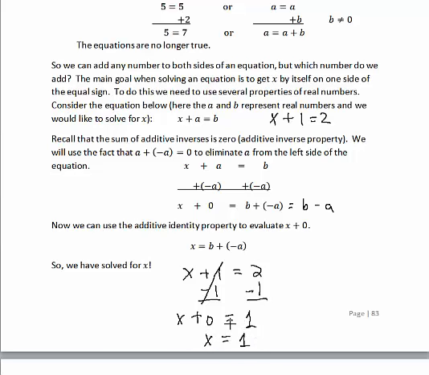And so here's our solution: x equals 1, and we have gotten the x by itself. We solved the equation. If you take x equals 1 and plug it back into the original equation, x plus 1 equals 2, we would have 1 plus 1 equals 2, and that is true.